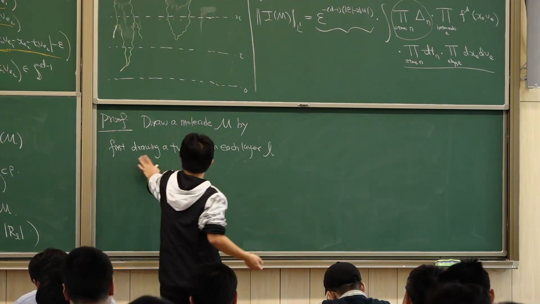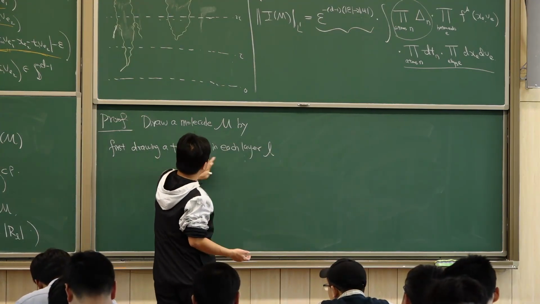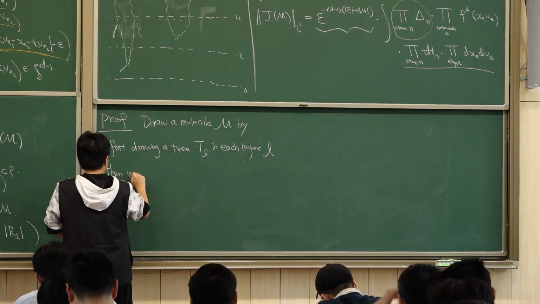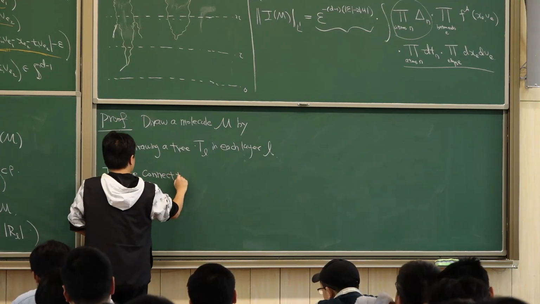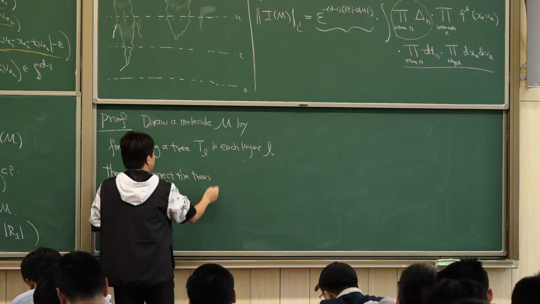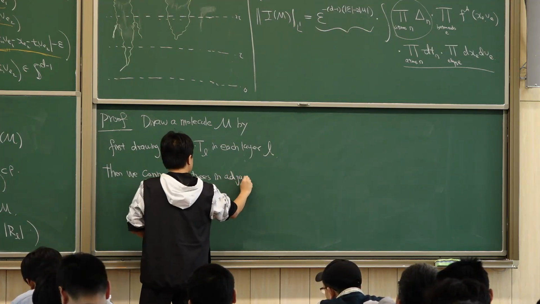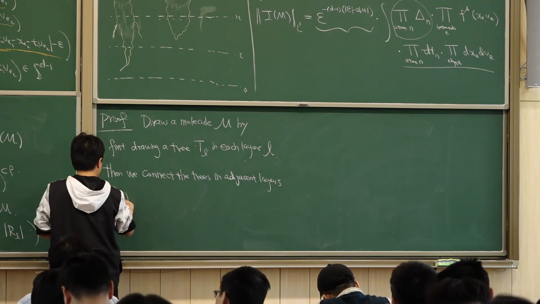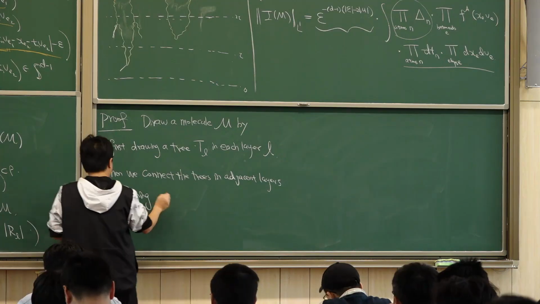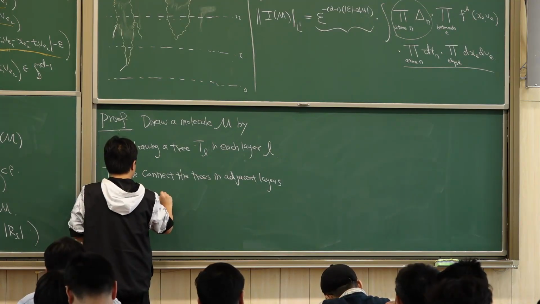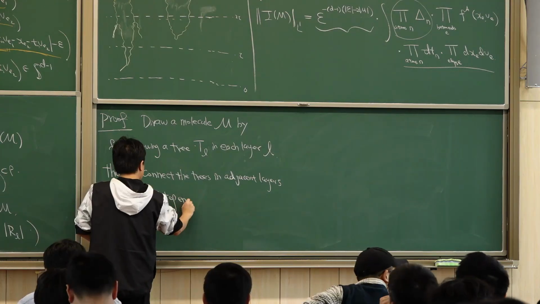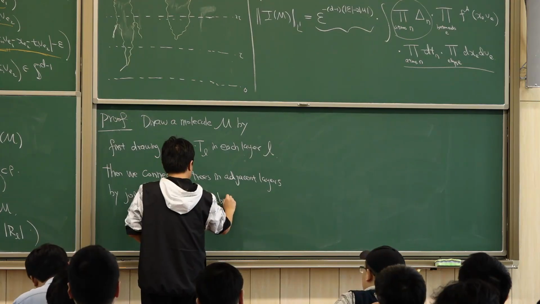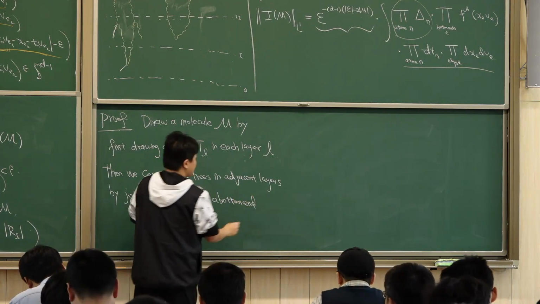So to draw the whole molecule M, we first draw a tree in each layer. Then we connect the trees in adjacent layers by joining a top end and a bottom end. Let me show you how this works.